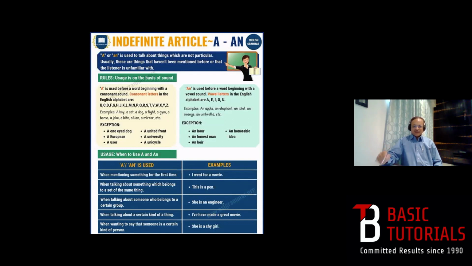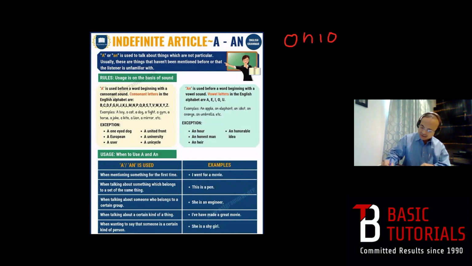Let's see examples now. A one-eyed dog. Why is it a one-eyed dog? Before that, we'll take a simple example of onion. Now, how is onion pronounced? Onion is pronounced as onion.